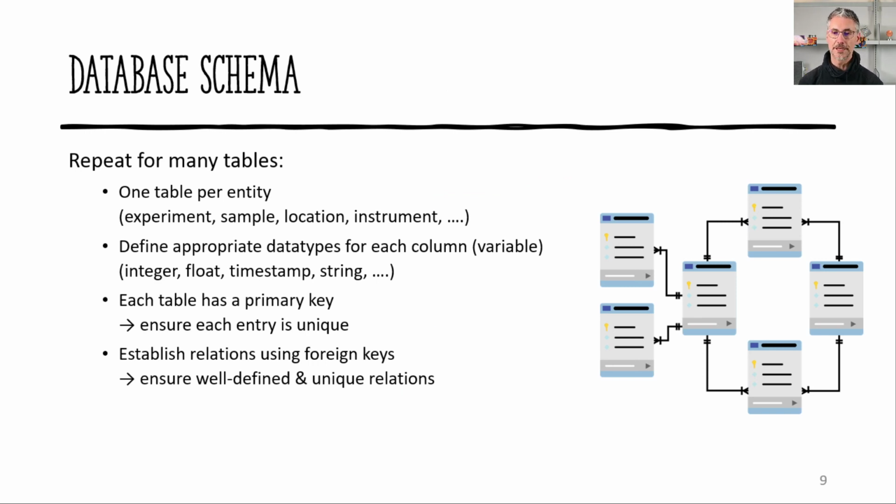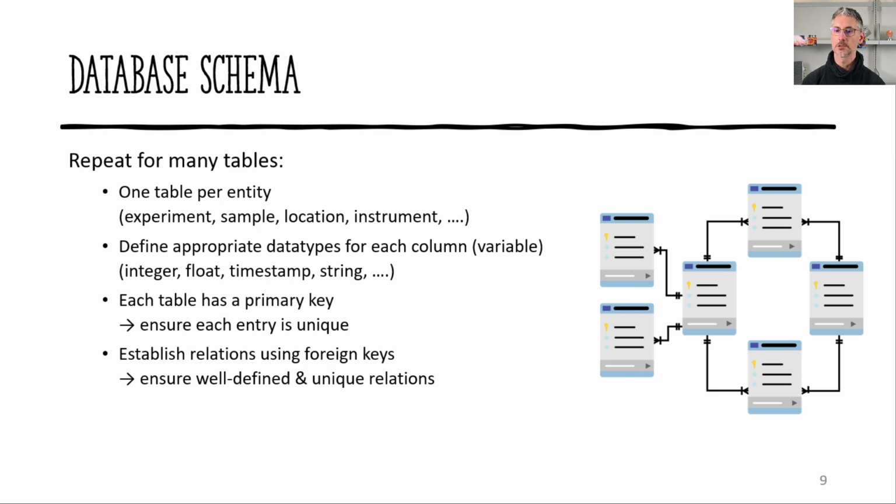And then we do the same thing for many tables. The key concept is that we have one table per entity. We had now the sample and the location, but we will also have tables describing our scientific instruments or the experiments and so on. Each of these tables has appropriate data types for each column. So for example, our instruments will be described by a number of settings, and the software version, the make and the model and so on, and we specify fixed data types for each of them.